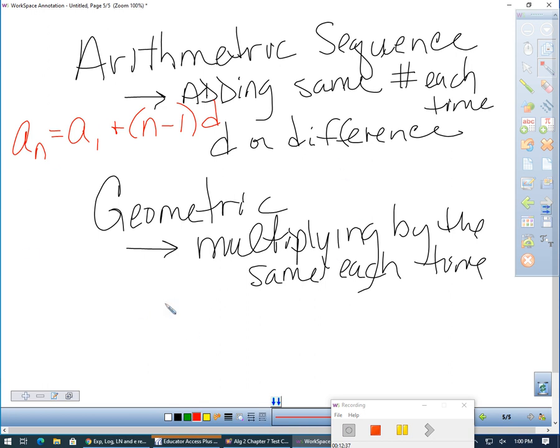For the geometric one, a sub n equals a sub 1 times r to the n minus 1. Alright, so let's look at both of these.